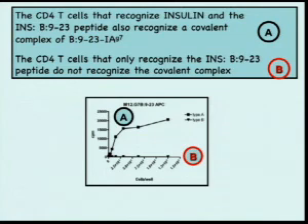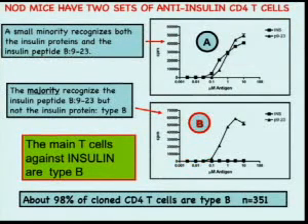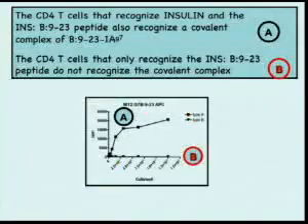So you have an antigen-presenting cell that now has a stable, locked-in complex, and they're all presenting only that complex. That particular APC line only presents to the set of type A. The set of type B don't see it at all. So even though all the peptide-MHC complexes on the presenting cell are of 9 to 23, that's only locked in one conformer that only sees the minor set of T cells, and not the majority of the T cells.